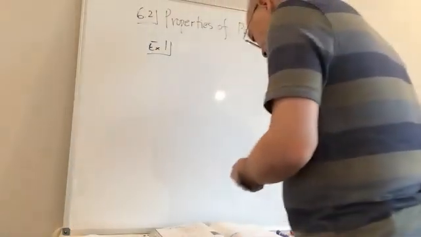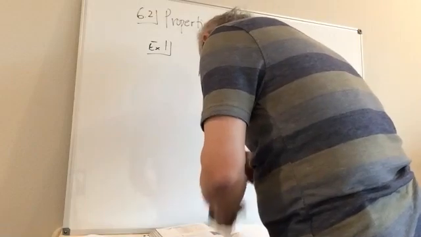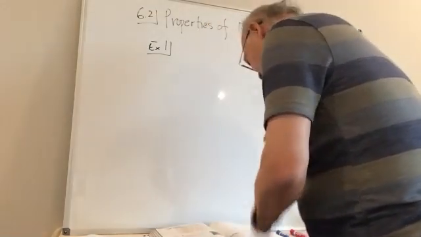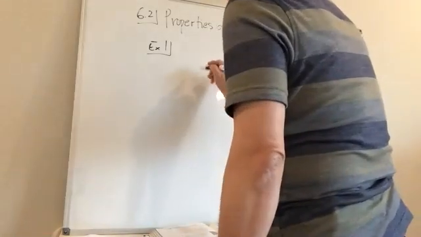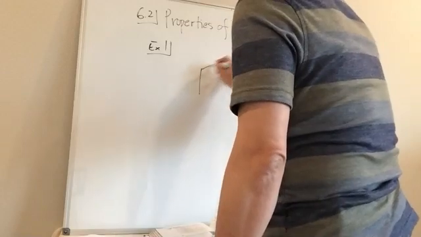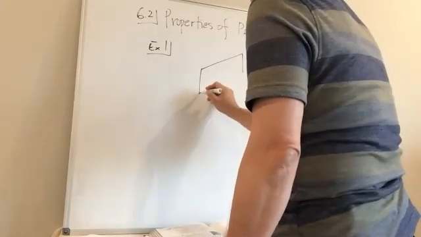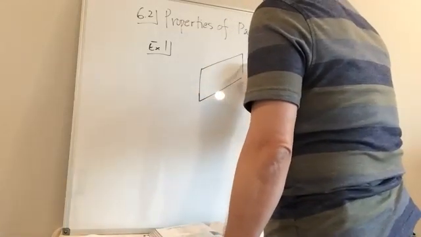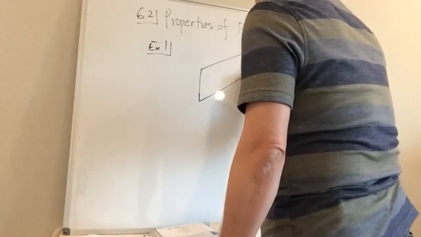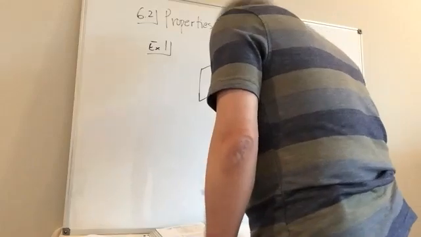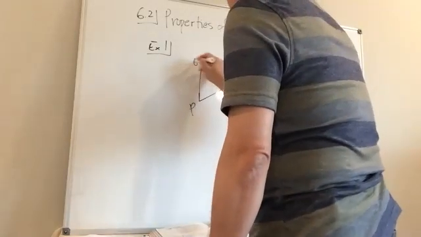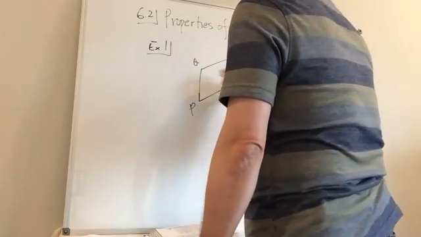Example 1. The parallelogram shaped by linkage, race car. Find each measure. So we are given a parallelogram that looks like this, and it's going to be PQRS.